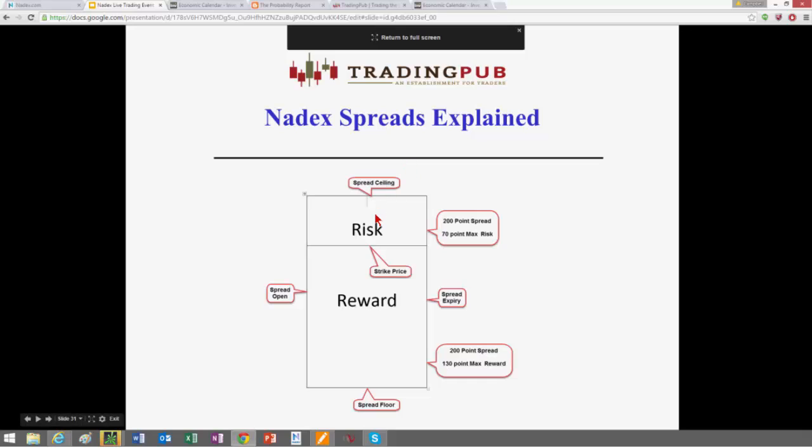Which is why I like the defined risk aspect of trading with Nadex. I just personally can't stomach the idea of a trade that runs away from you and blows through a stop or whatever. And then your reward is this area down below the strike price. That's your maximum reward. So somewhere along the line, you may have a take profit target and just exit out, or you may have a maximum loss target.